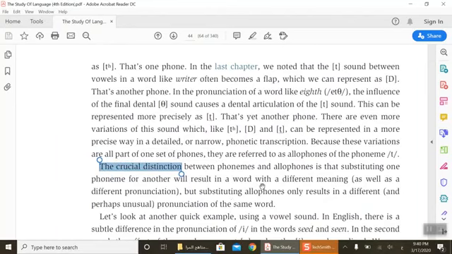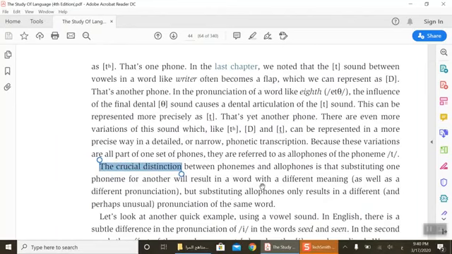When we have two words, for example bat and pat, that are identical in form, in other words, when we have two or more words that are similar but different in one phoneme, so they are identical in form except for a contrast in one phoneme occurring in the same position, the two words are described as minimal pairs.